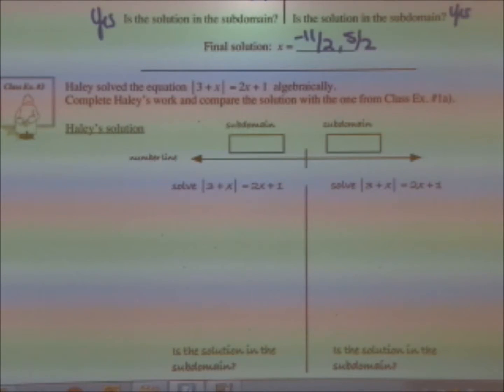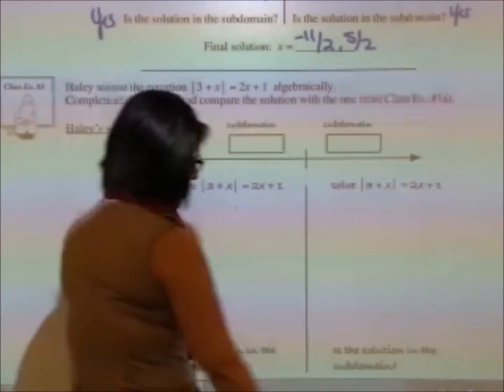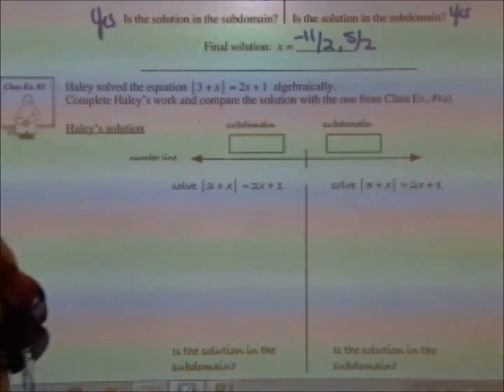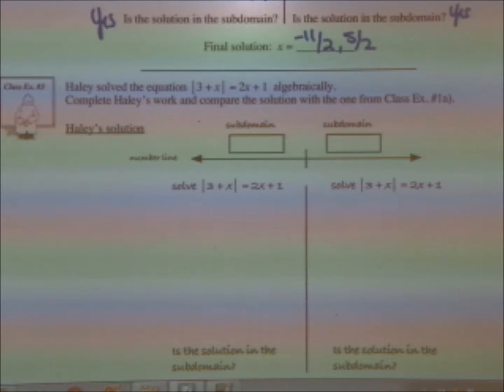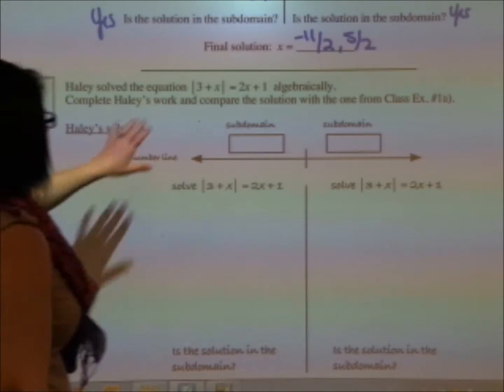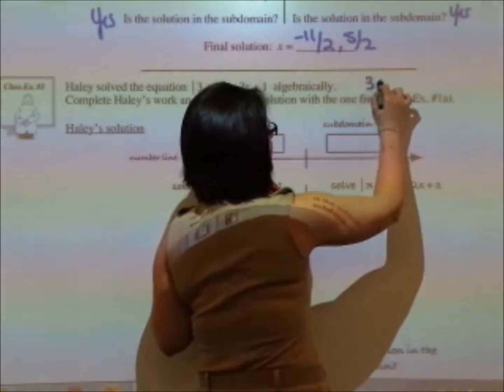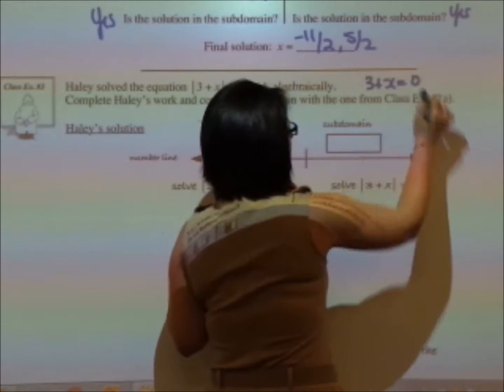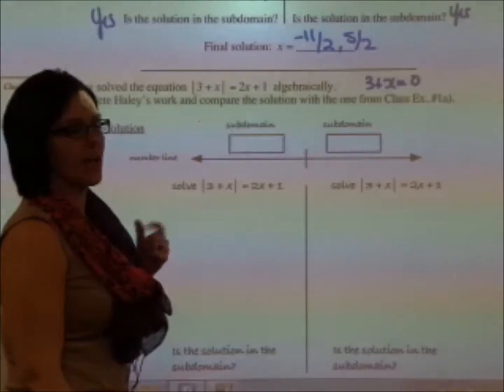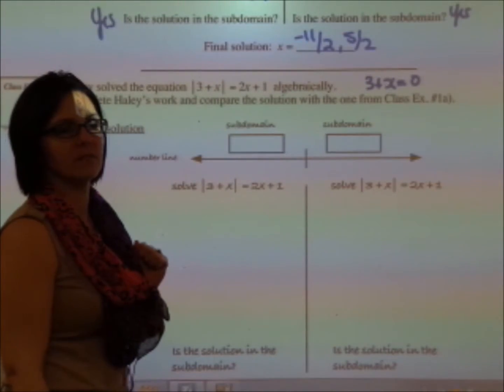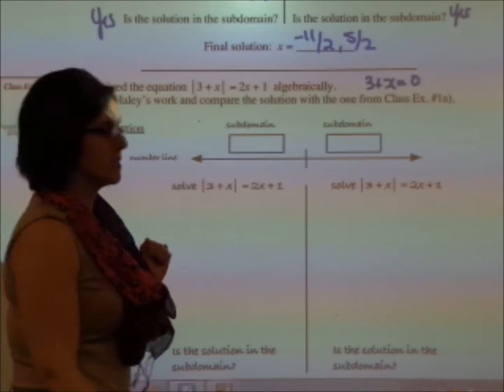So now if we look at the next one, Haley solved the equation, the absolute value of 3 plus x equals 2x plus 1 algebraically. So it says, complete Haley's work and compare it to the solution with the one from class example 1a. So if I look at this, if I let 3 plus x equal 0, and I solve for x, x would equal negative 3.